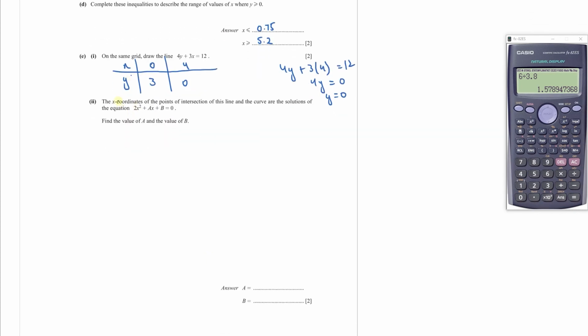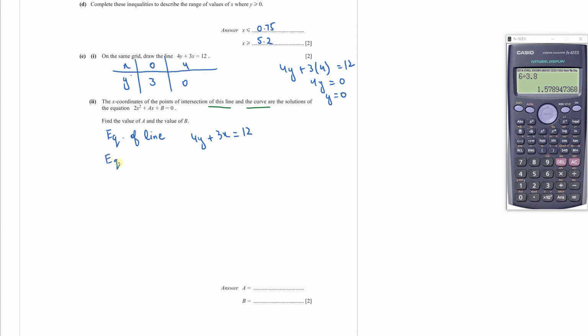The next part is the x coordinates of the points of intersection of this line and the curve are the solutions of this equation, 2x squared plus ax plus b equals 0. Find the value of a and value of b. So that means if you solve the equation of the line and the curve simultaneously and solve for x, that means if you eliminate the y variable, you will get this equation. So let me write down the equations again. The equation of the line is 4y plus 3x equals 12.